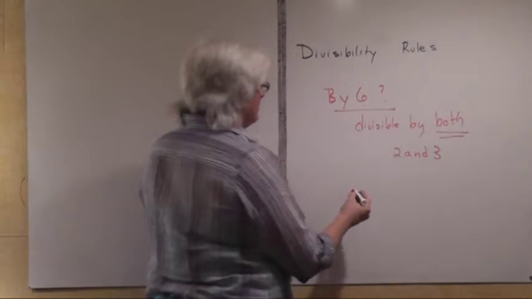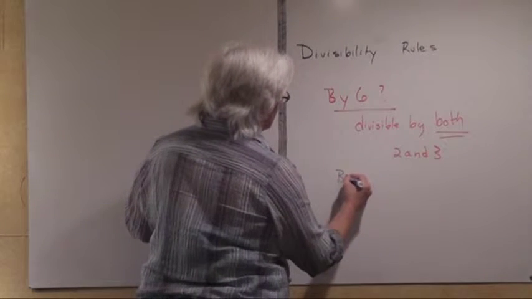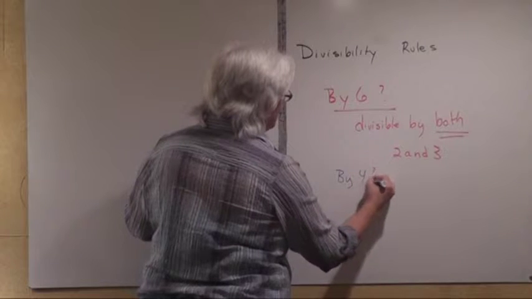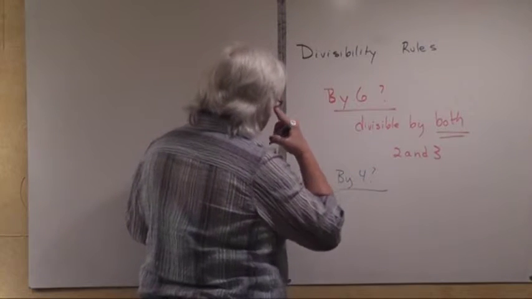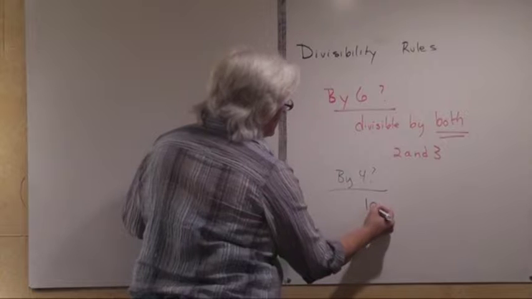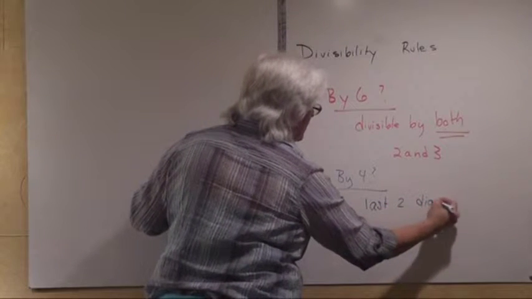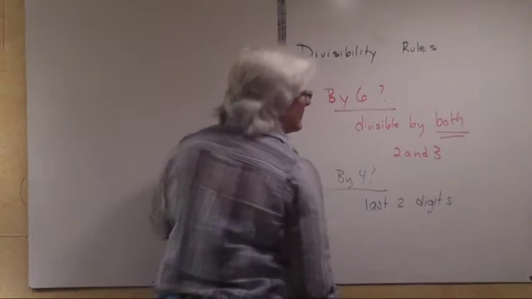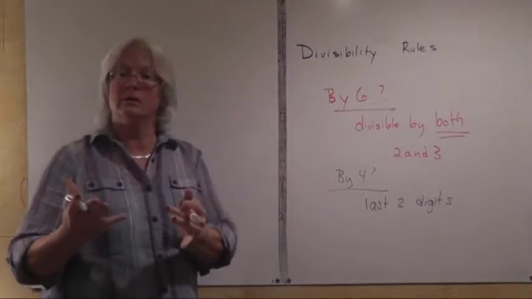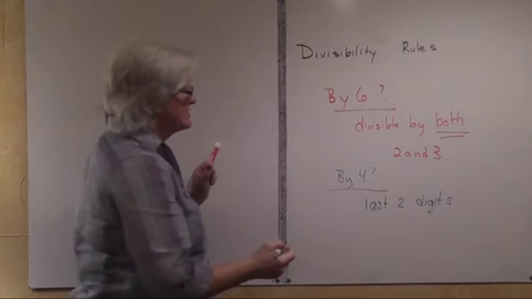The other one is, how do you tell if you can divide a number by 4? You look at the last 2 digits in the number, and you consider it to be a whole number by itself.